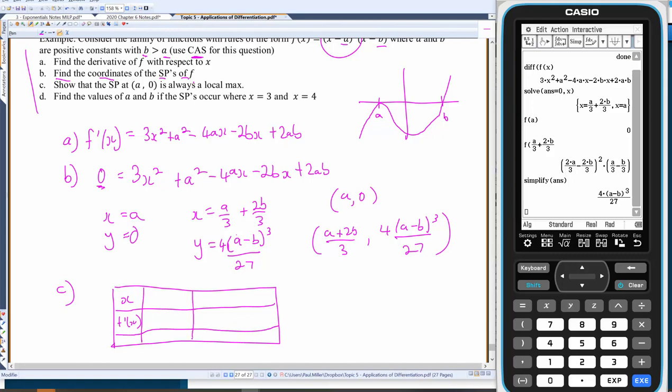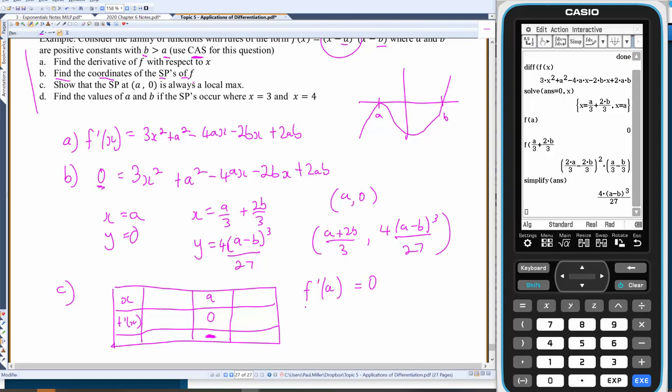So what we do is we choose a point to the left, a point at that point, and a point to the right. We're talking about the point A, and what we know is the gradient is going to be 0 at this point. Now, the way I'm going to show that is I'm going to do f dash a equals 0.